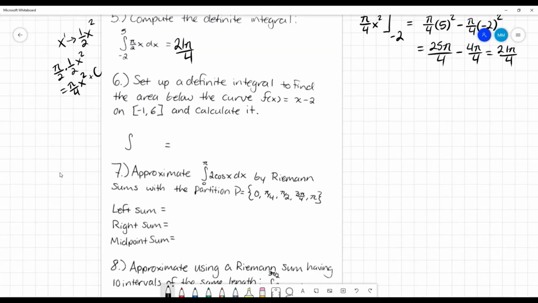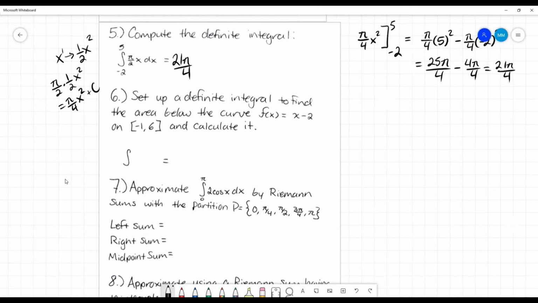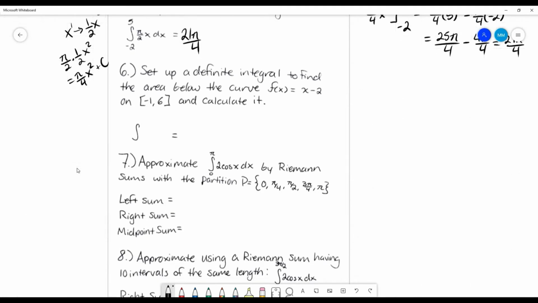All right. Number 6, now they want us to set up the definite integral rather than just calculate it. So the curve that we're given, our function here is x minus 2, and it's bound by -1 to 6, and then they want us to compute that integral.